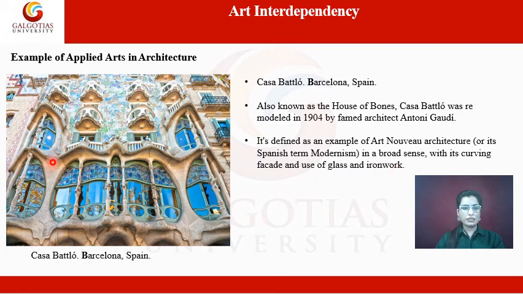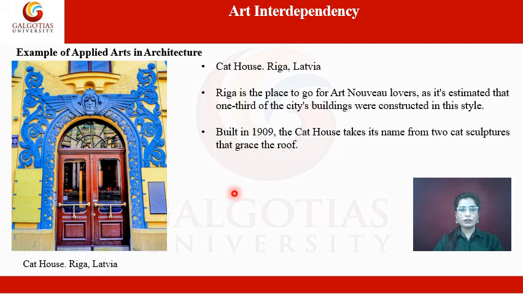So you can see in this building facade, these are the curve forms, curve lines, and this is the glass work and iron work for the railing. So this is the example of applied art in architecture. The next example of applied art in architecture is the Cat House, Riga, Latvia.